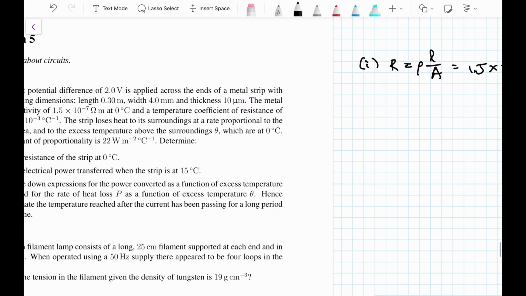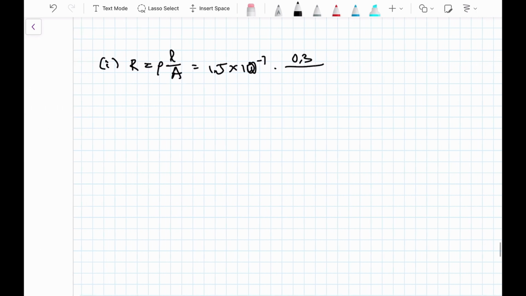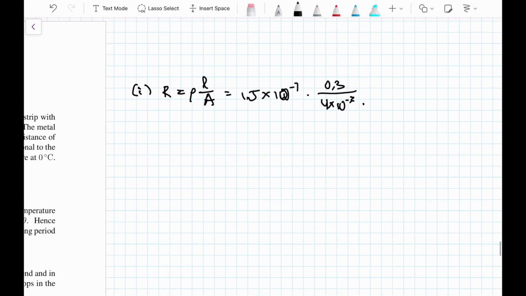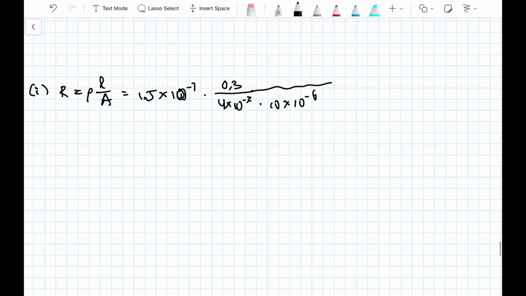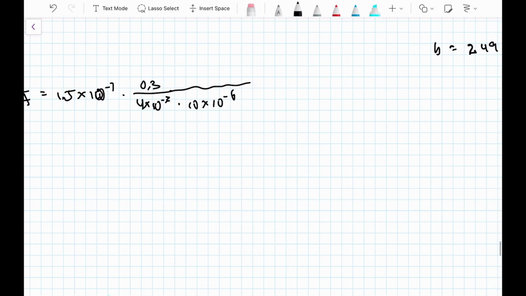The total area should be 4 millimeters multiplied by 10 micrometers, so that is 10 to the minus 6. And then we can just plug this into a calculator.